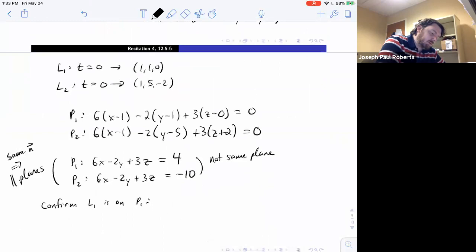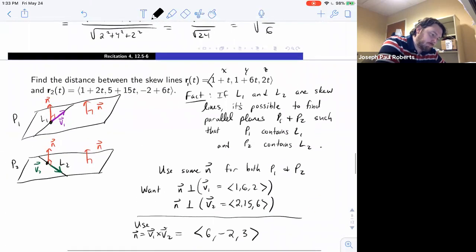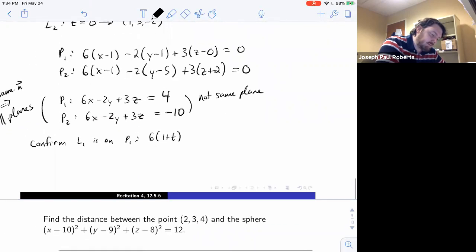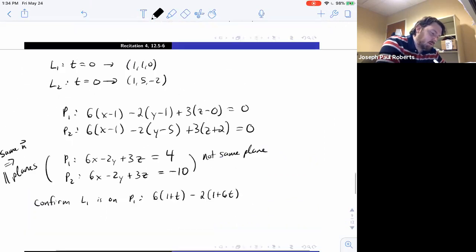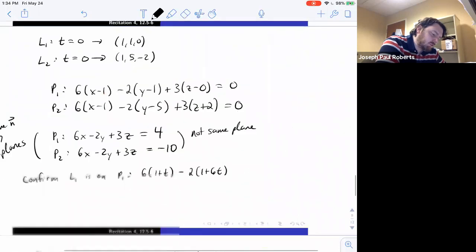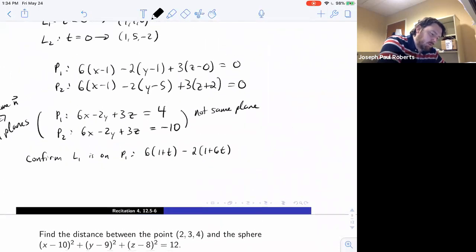So 6 times 1 plus t plus, whatever, y is 1 plus 6t. So I'm going to do minus 2 times 1 plus 6t. And then z is 2t, so plus 3 times 2t. Does that equal 4 for all values of t? Well, I hope so.